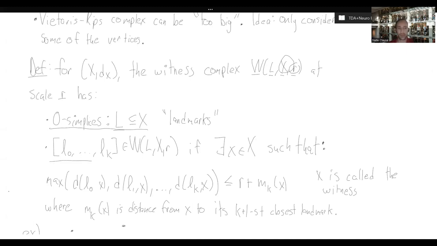Now, a k-simplex, consisting of vertices L_0 through L_k, is in this complex if there exists a point x in our metric space such that the maximum distance between x and any of the vertices of the simplex is bounded above by our scale parameter plus m_k(x), where m_k(x) is the distance from x to its (k+1)-th closest landmark.